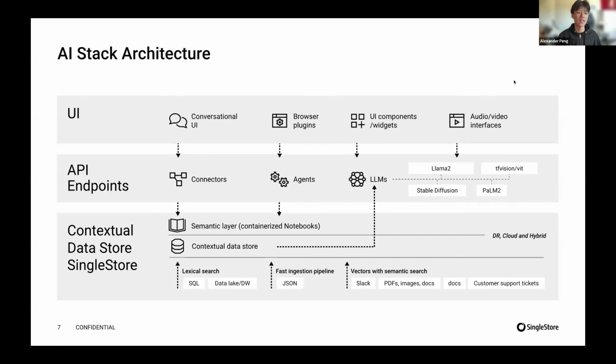If you're a developer in this space, you've probably become very familiar with all the different connectors that come together to make an end product, right? And that's where you're going to be spending the bulk of your time.